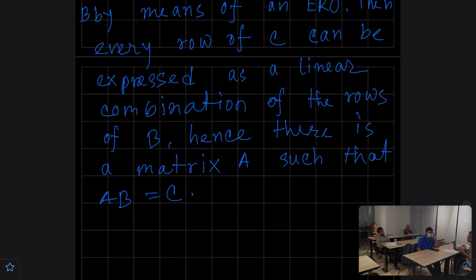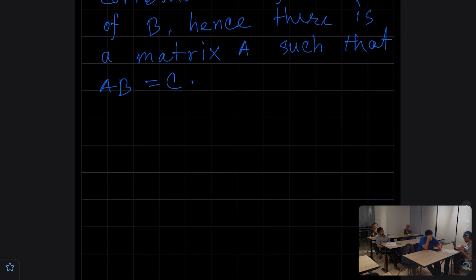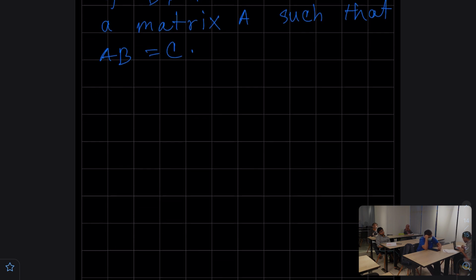As we know, there are three elementary row operations, right? Let's first define this definition.